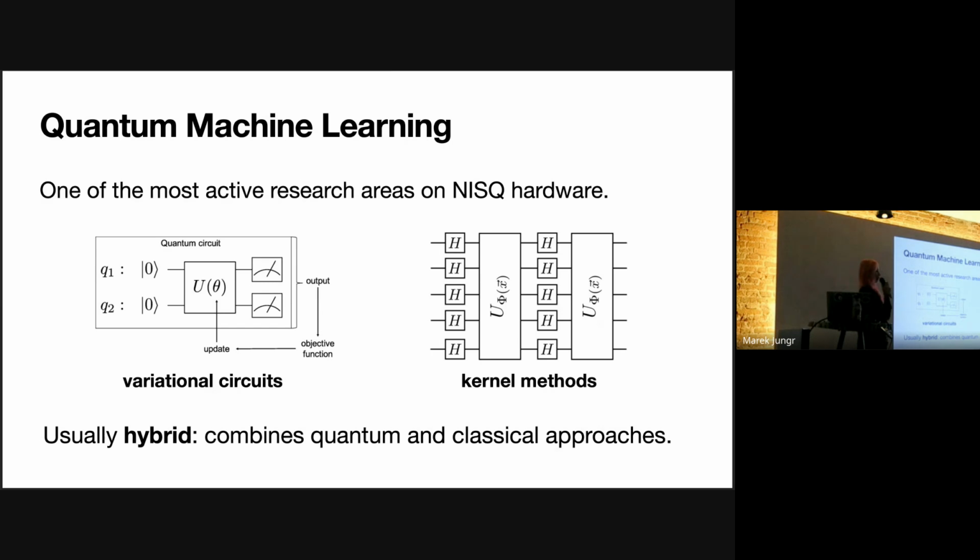At the end, we measure the state of the system, we get some output, we update some cost function, we process it on the classical computer, and based on that, we update the parameters of the circuit. We run this loop again, and we stop at some point when we are satisfied with our optimized result. So basically some optimization, but with one quantum computing block in it.